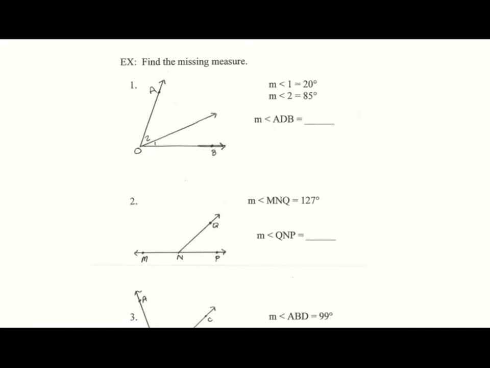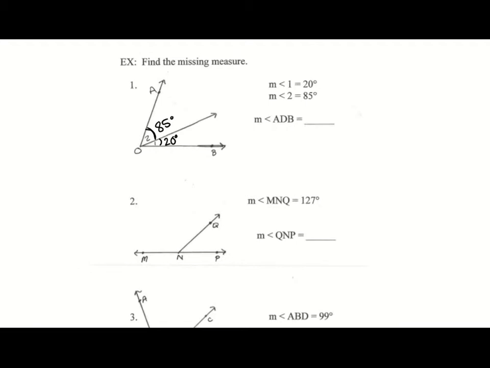Example 1 says that the measure of angle 1 is 20 degrees. So the first thing I'm going to do is label that on my figure. Angle 1 is 20 degrees. Then I know that the measure of angle 2 is 85 degrees. And I'm looking for the measure of angle ADB.